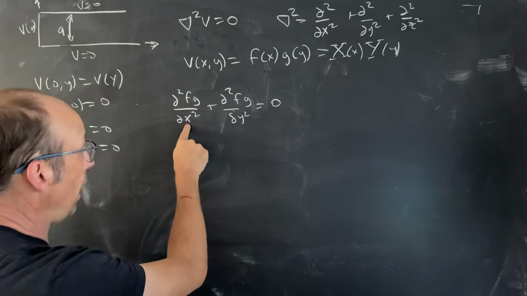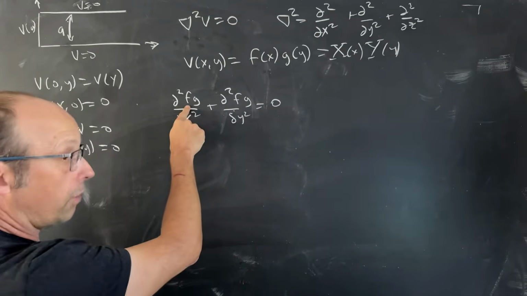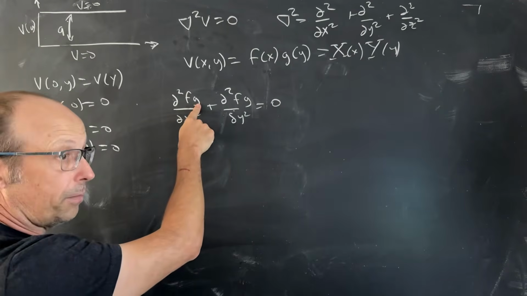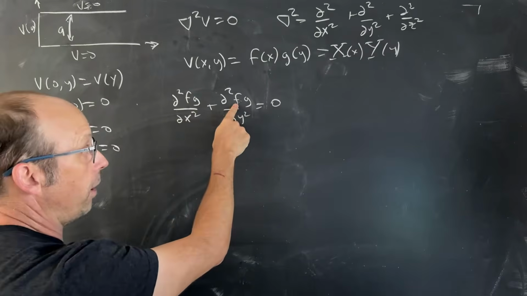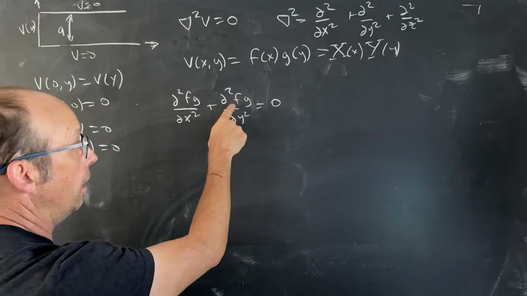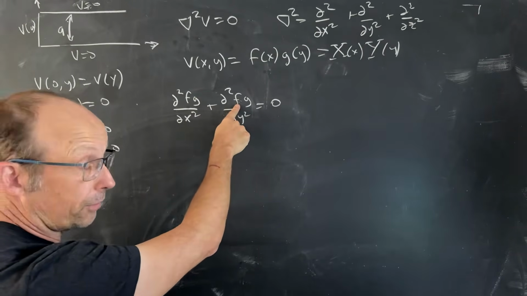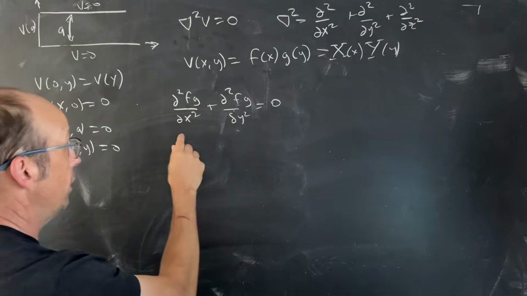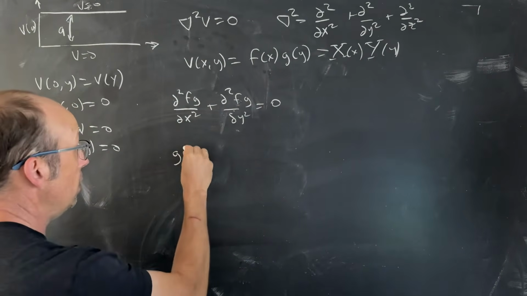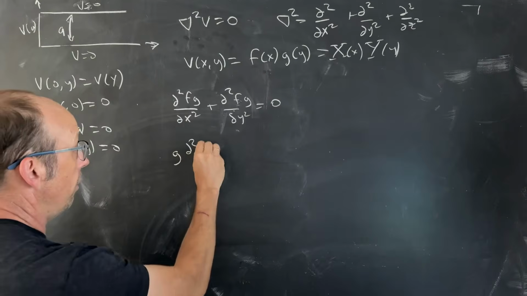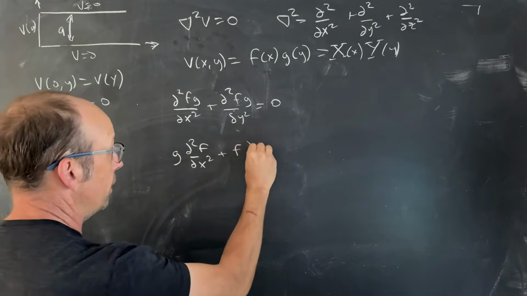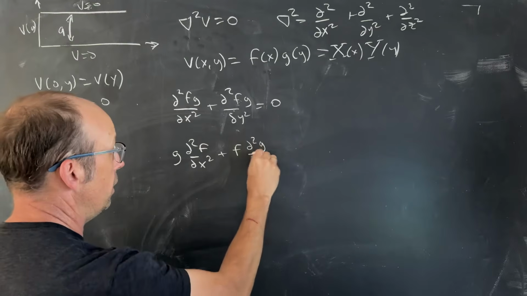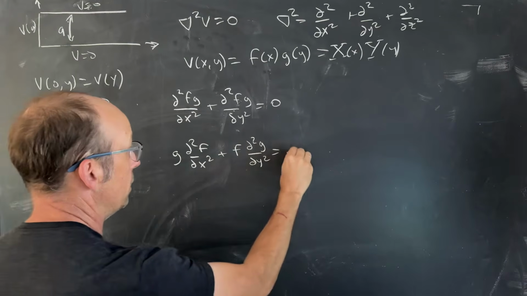Well, right here, I have the partial of a product, but one of those factors only depends on y, so I can pull that out. And right here, I have a product where the f only depends on x, so I can pull that out of my y derivative. So here I get g times the second partial of f with respect to x plus f times the second partial of g with respect to y is equal to 0.